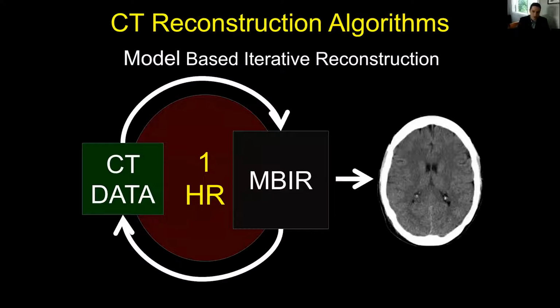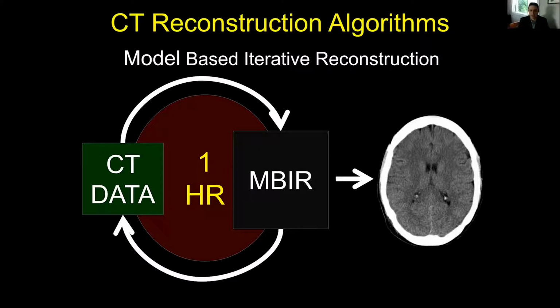Model-based iterative reconstruction is a big black box. It's proprietary information. It's akin to and includes statistical iterative reconstruction in addition to other predictive models about what it expects the anatomy to look like. Now this takes, even on the latest computers, about an hour. It's not really going to be applicable to the ED setting, but for outpatients, this might be an excellent solution. And it has the highest quality study that will most mimic the truth and have the least amount of noise.